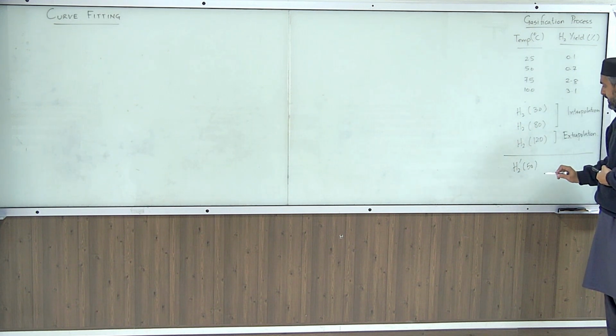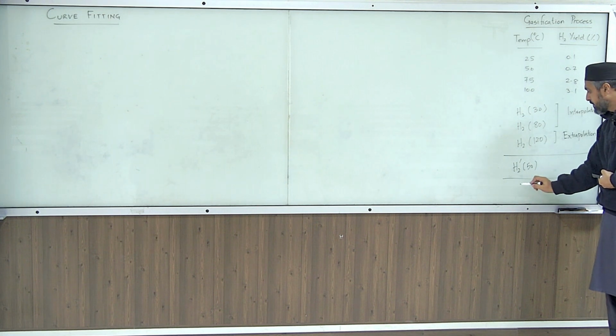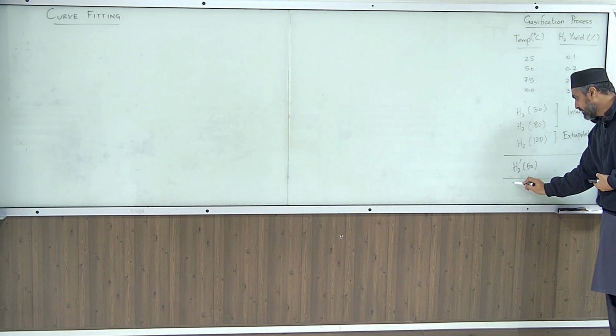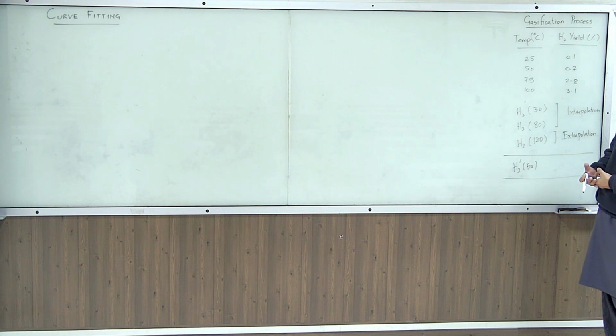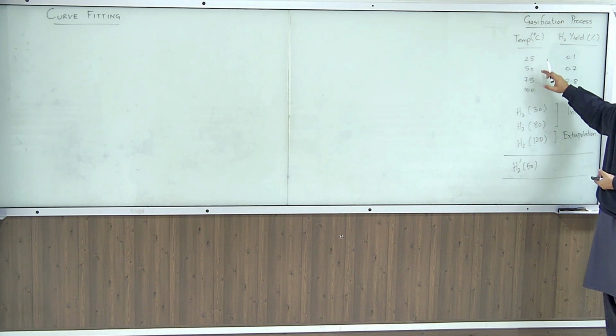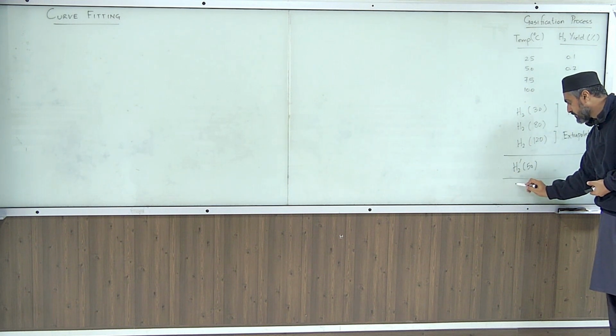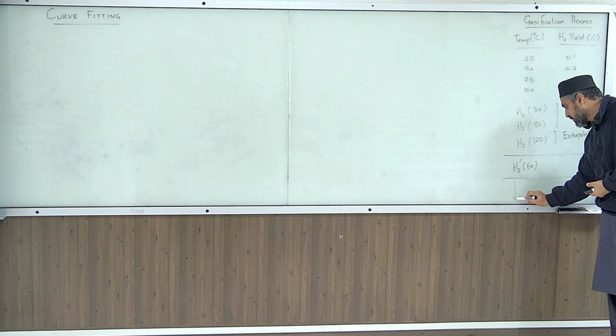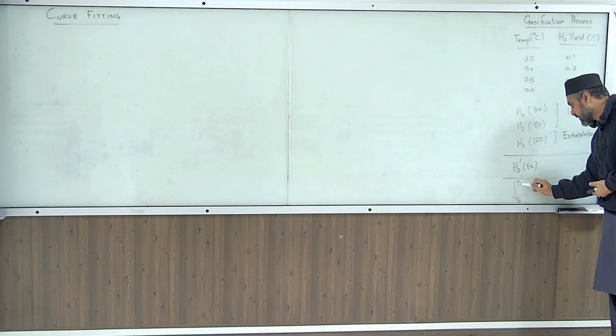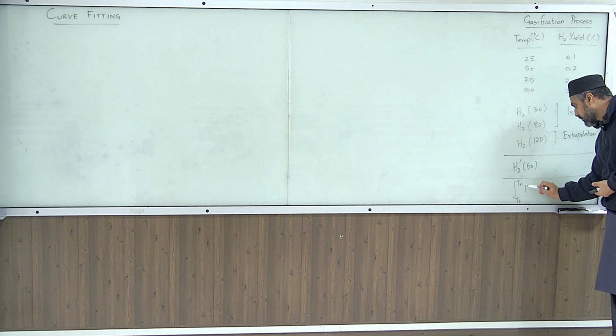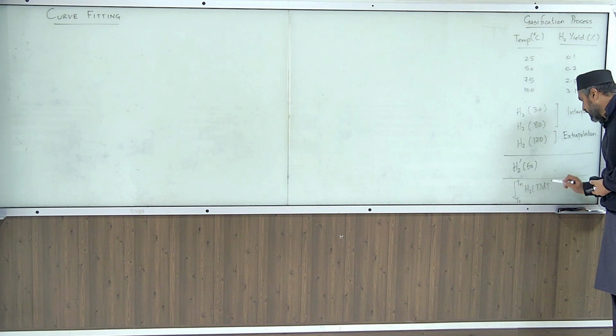Possibly there is one more scenario in which I may be interested to find the cumulative hydrogen yield from T naught to some Tn, maybe from 25 degrees to 75 degrees Celsius. For that I will be using the concept of integration.